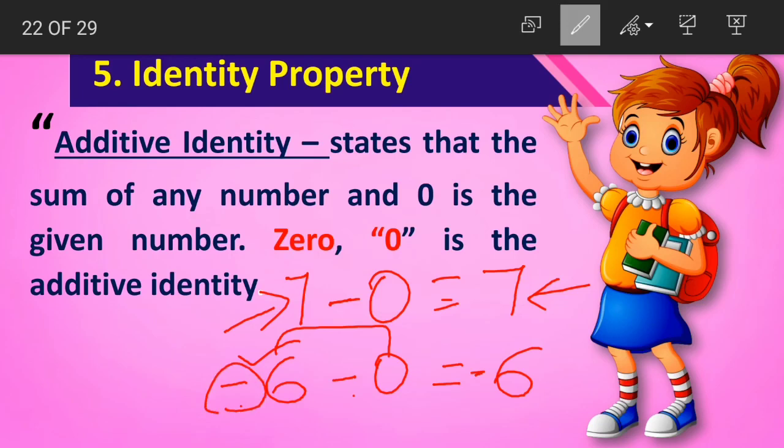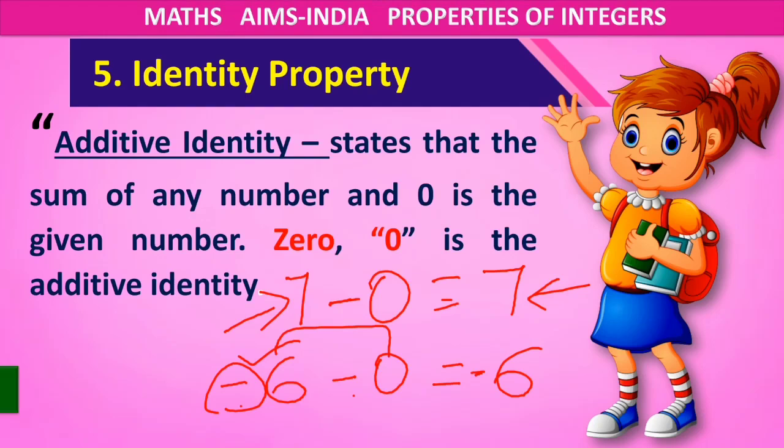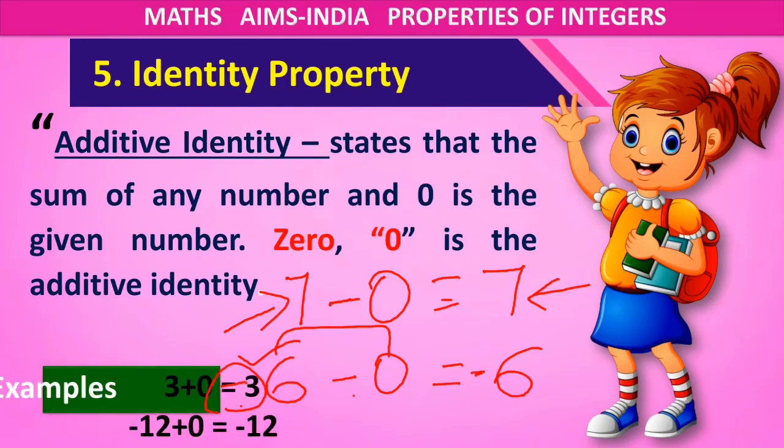So even when we add or remove 0 from a given number, the identity of the number is not changed. So 0 is called the additive identity and the subtraction identity is also 0. Okay? When we add 0 or remove 0 from a given number, we get the same number only.